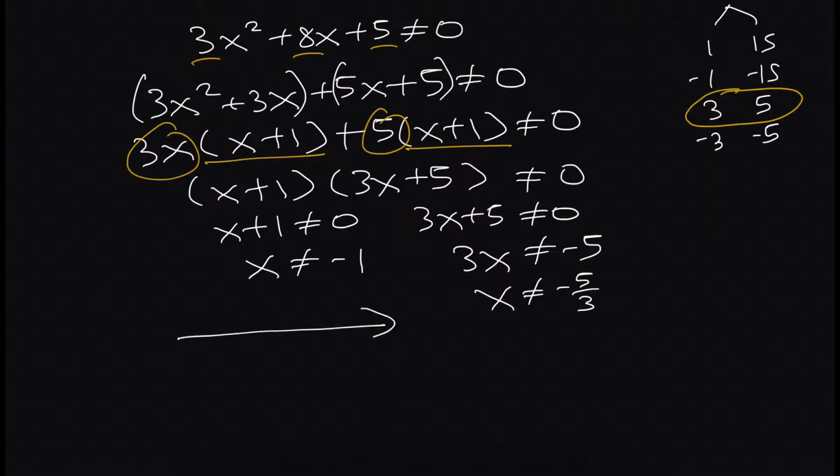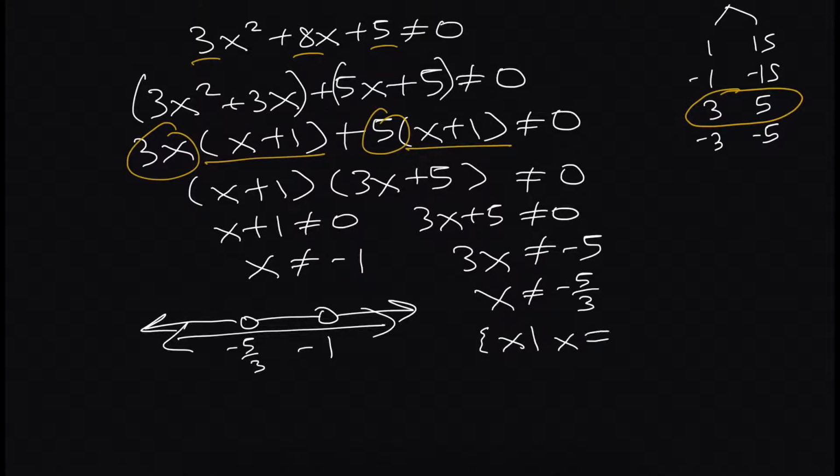And I'll go ahead and do my number line like I have been. I have a -5/3 and a -1 here, not equal to's. So set notation answer, x such that x is not equal to -5/3 and -1.